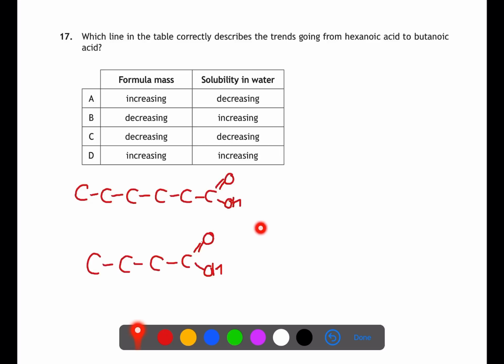Going from hexanoic acid to butanoic acid, you can see that we have a smaller molecule and therefore the formula mass will be decreasing. This can eliminate A and D. Since we have a smaller molecule, we're going to be increasing how soluble this substance is. This eliminates C, making B our answer.